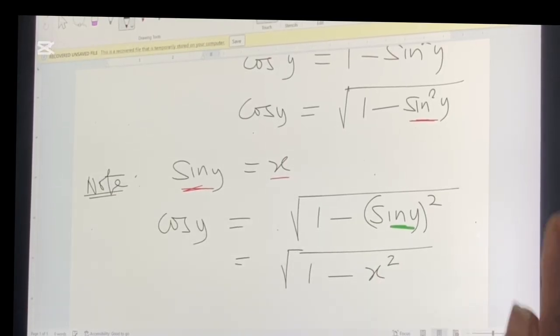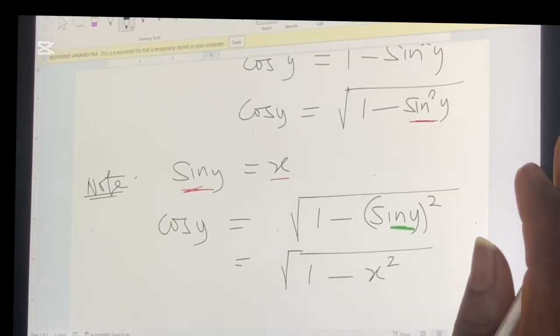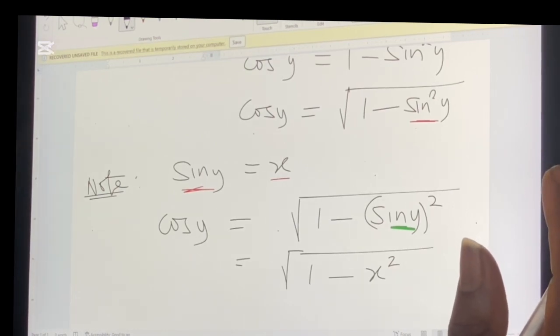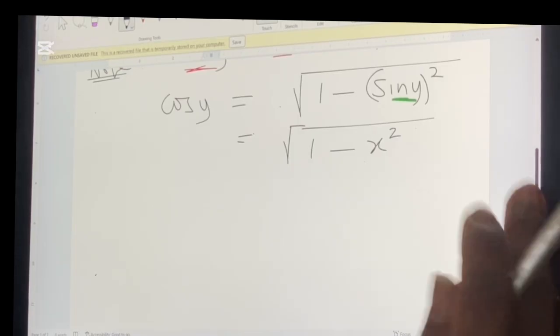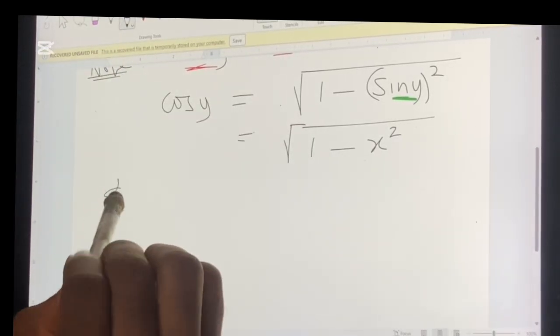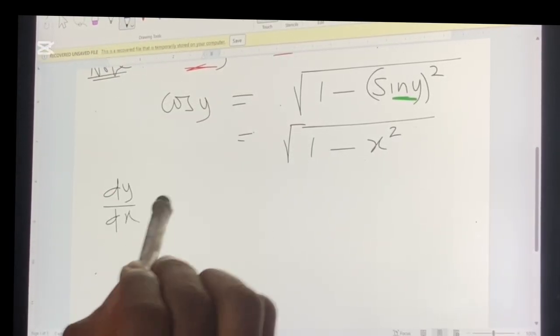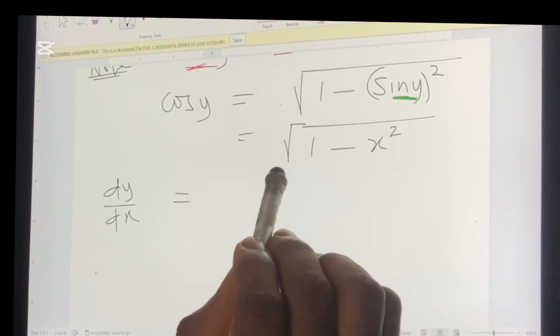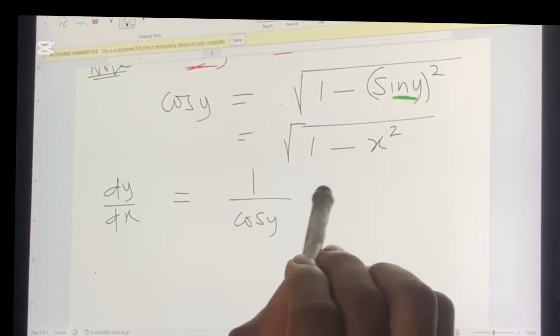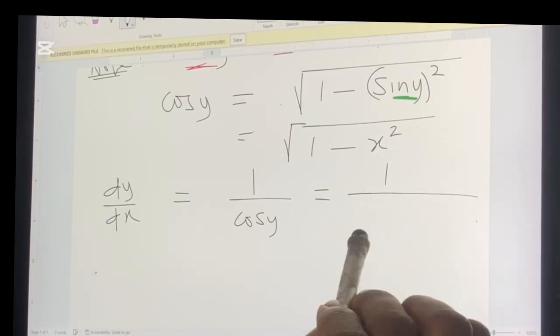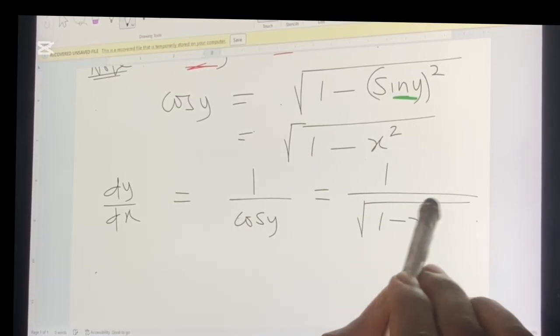So anywhere I see cos y, I will replace it with square root of 1 minus s squared. When you do that, our dy over ds will be equal to 1 over cos y, which will be equal to 1 over square root of 1 minus s squared.